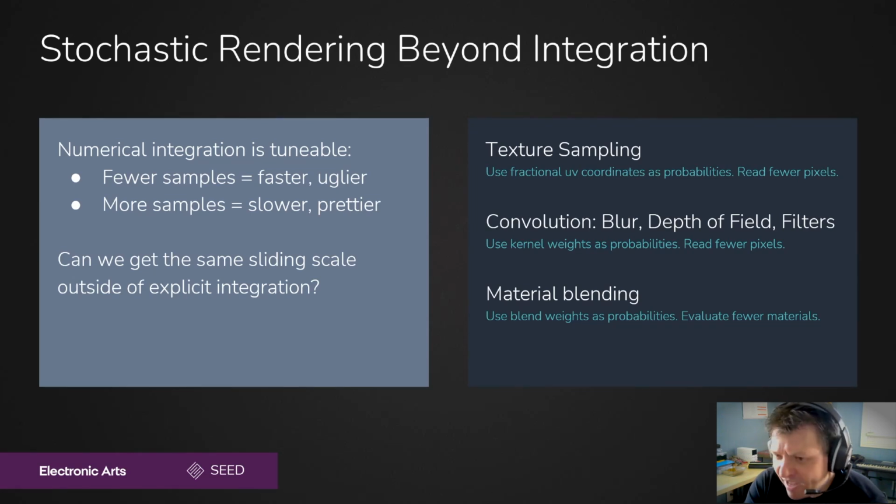But we can actually take other algorithms and turn them into stochastic sampling problems to gain the benefits. I list three of them here on the right. The first is texture sampling. If you're doing bilinear or anisotropic texture sampling, you might be reading quite a few pixels for the blend to happen, and it's eating up your memory bandwidth.